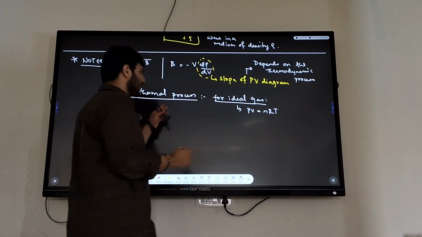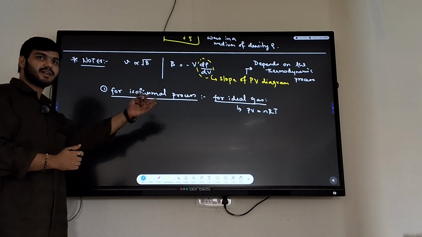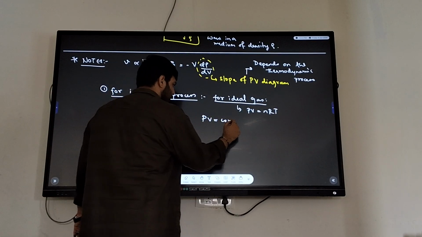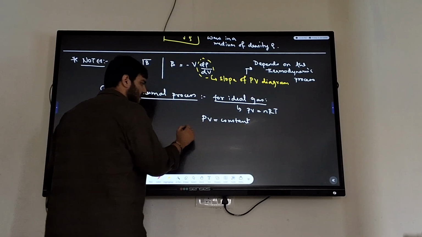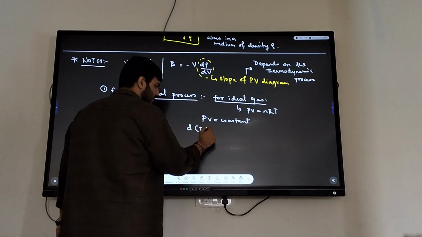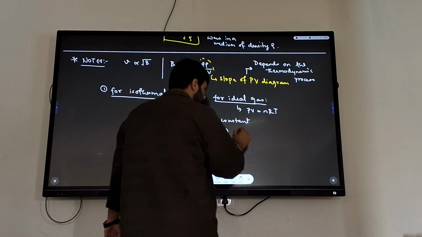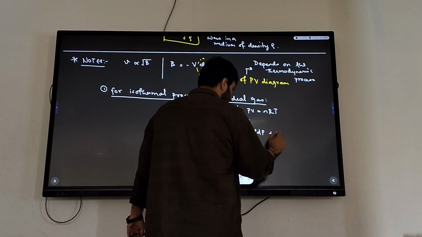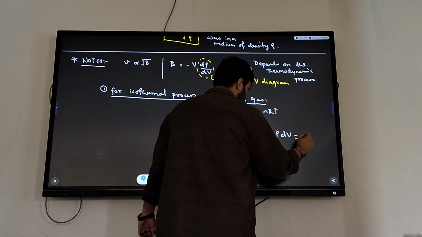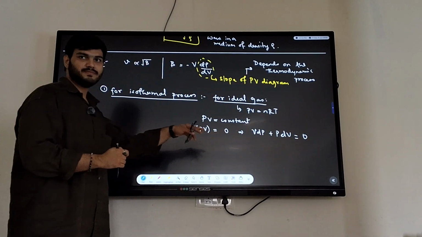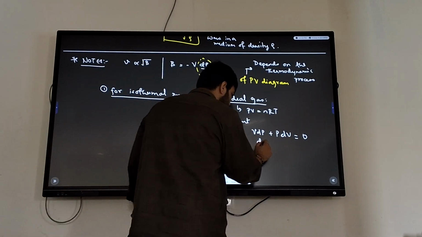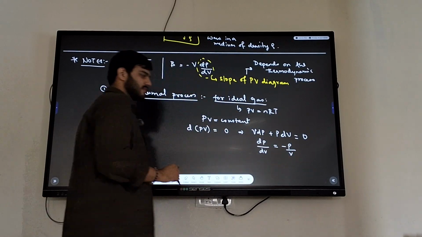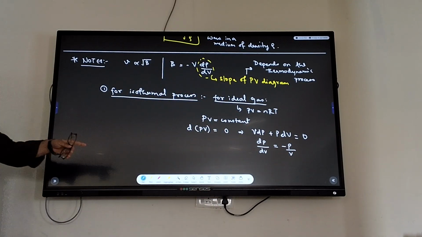But since you are talking about an isothermal process, you take the temperature to be constant. And then what do you get? PV is a constant. If PV is a constant, then let's differentiate it. D of PV, that's 0. And that's VdP plus PdV. That's the product rule. And then what do you get dP by dV to be? Minus P by V. Yes, this is my slope of the graph.